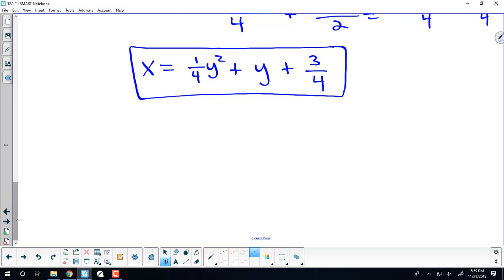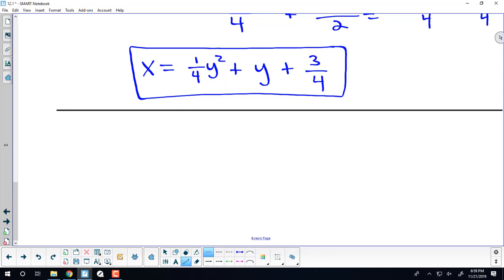We can do that, but it's still not going to look like a nice equation. It might be more recognizable, but we can certainly walk through that process.